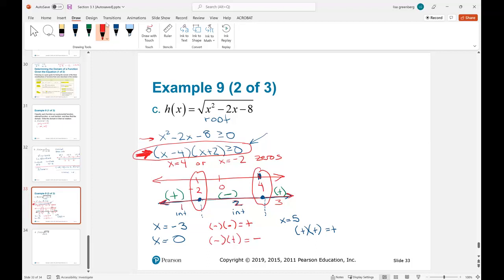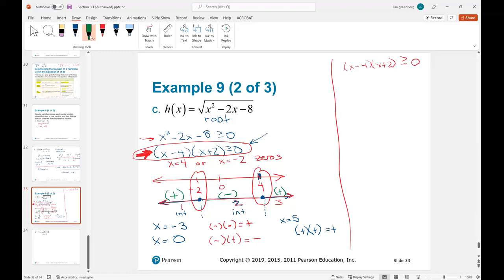And I want to know in each division, is it positive or negative? So I'm looking for x minus 4 times x plus 2 being greater than or equal to 0. And that means it's a positive number.